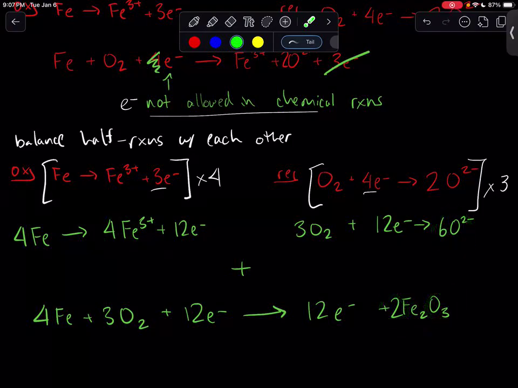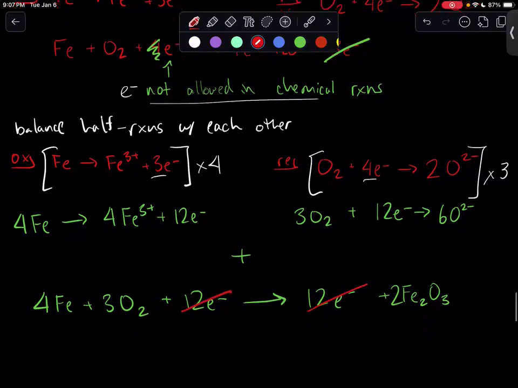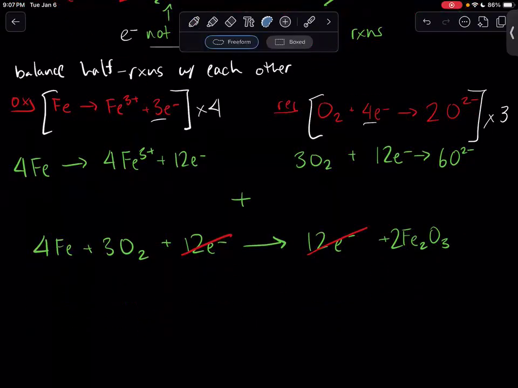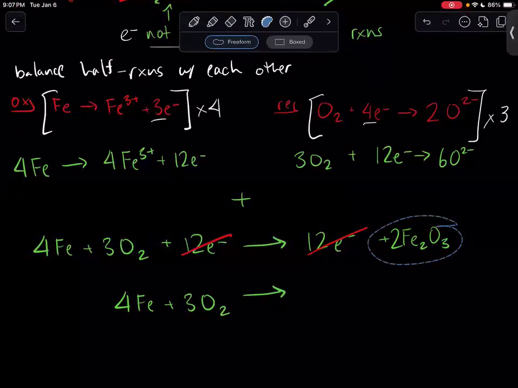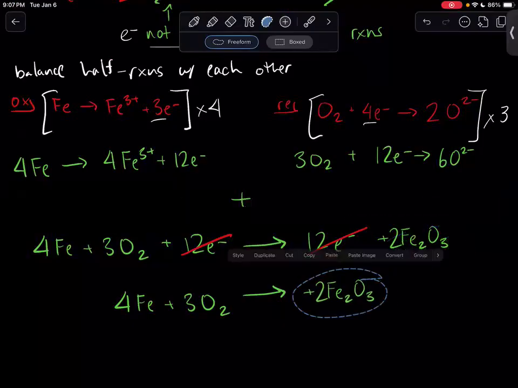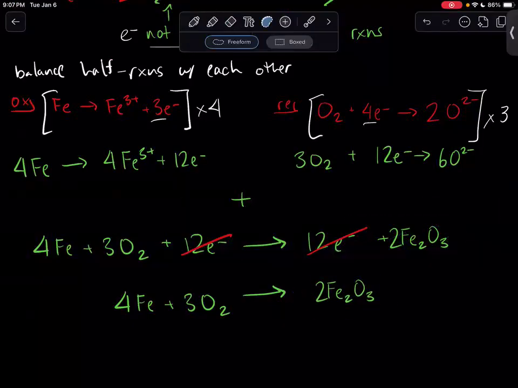I've just combined them. When I do this, I notice my electrons fully cancel out, and my reaction is quite simply 4 Fe plus 3 O₂ react to form 2 Fe₂O₃. And just like that, we have our starting rust reaction. Everything is balanced. So we use half reactions to help us balance this out.